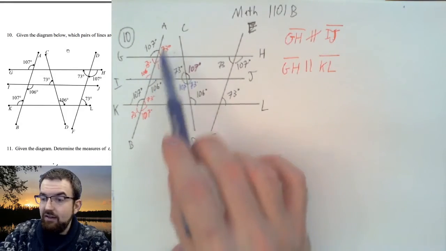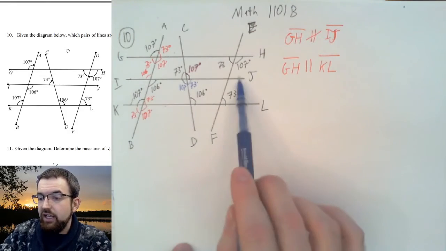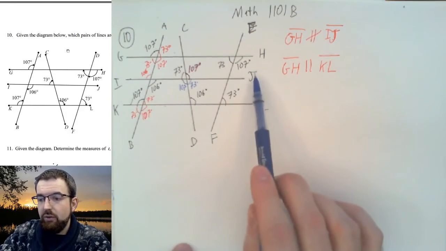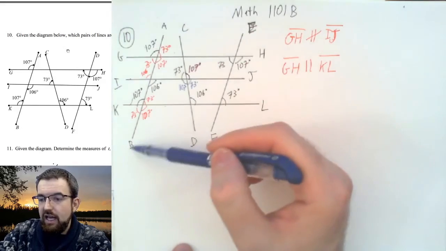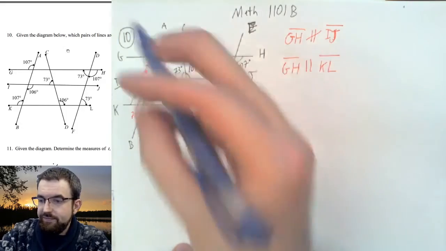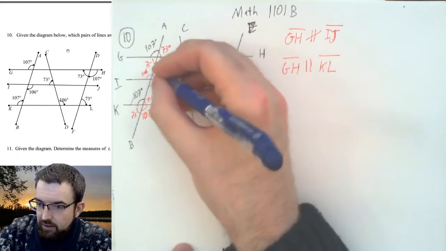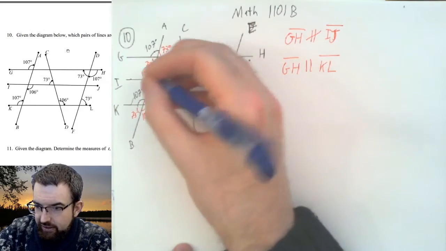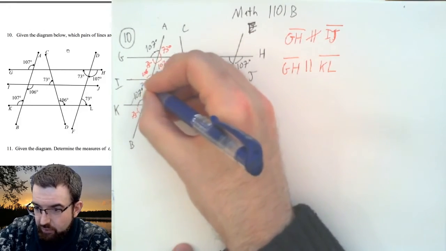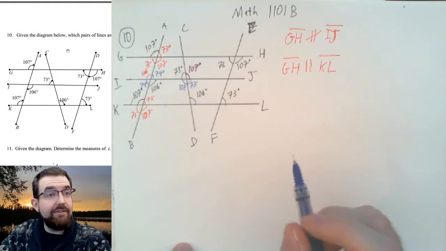And so if we look at, say, here's line IJ, right? We see a line IJ cutting through here, and then we've got line AB and CD. We can see that this is 74 degrees, and this one here is 74 degrees. We're getting pretty densely filled in here.